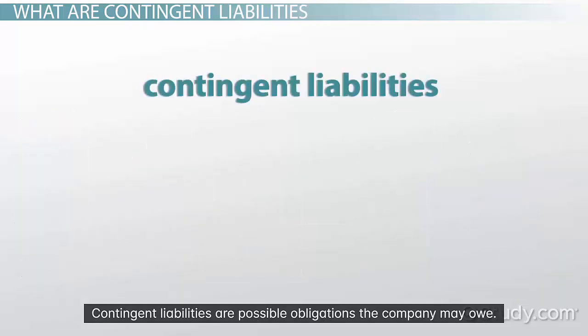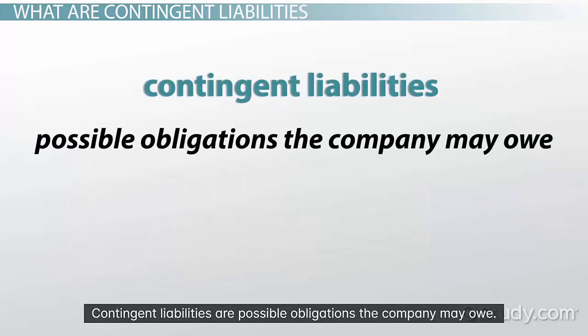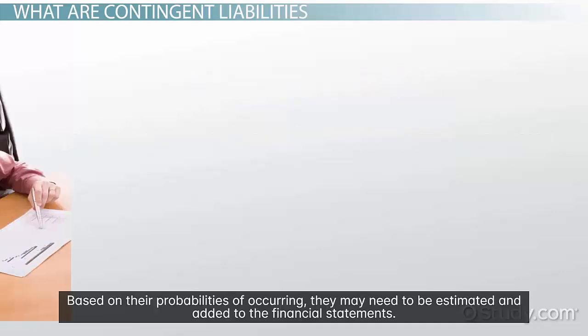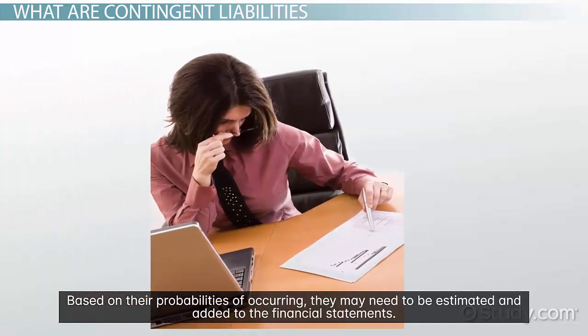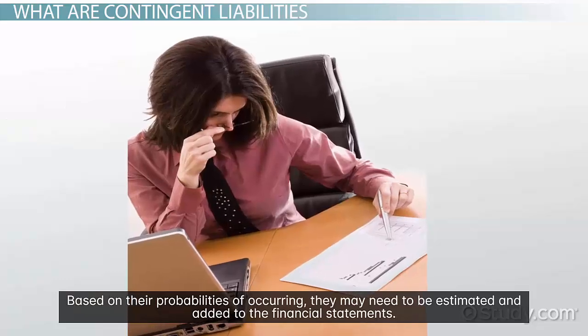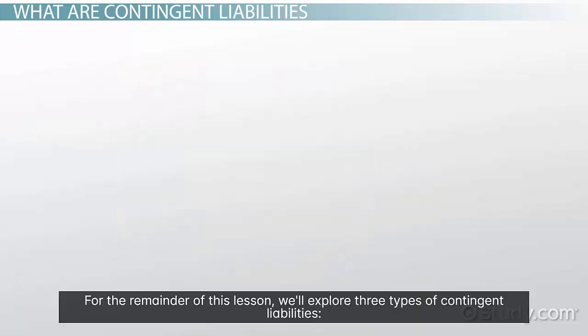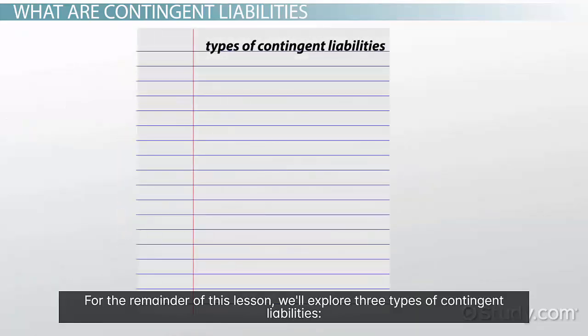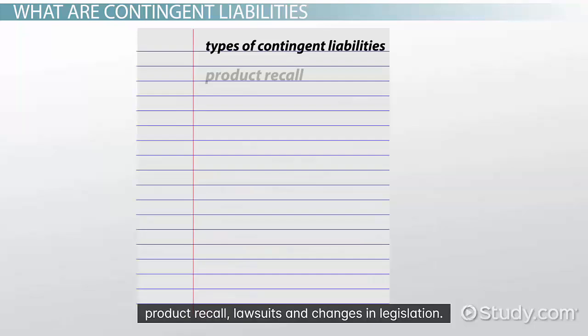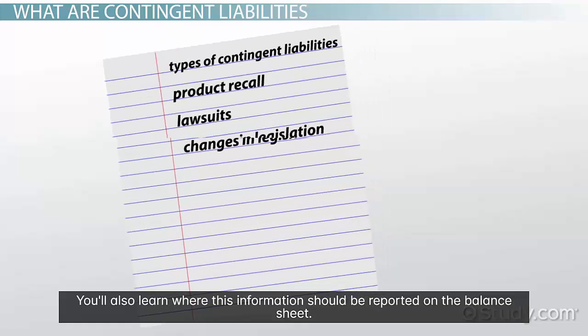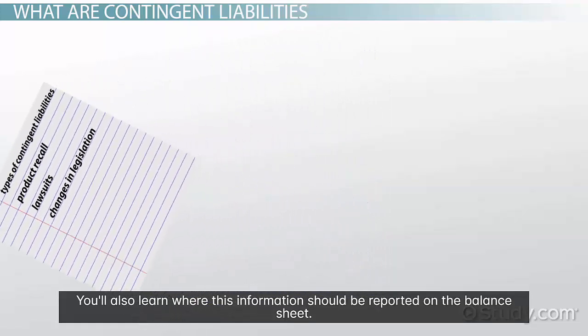Contingent liabilities are possible obligations the company may owe. Based on their probabilities of occurring, they may need to be estimated and added to the financial statements. For the remainder of this lesson, we'll explore 3 types of contingent liabilities: product recall, lawsuits, and changes in legislation. You'll also learn where this information should be reported on the balance sheet.